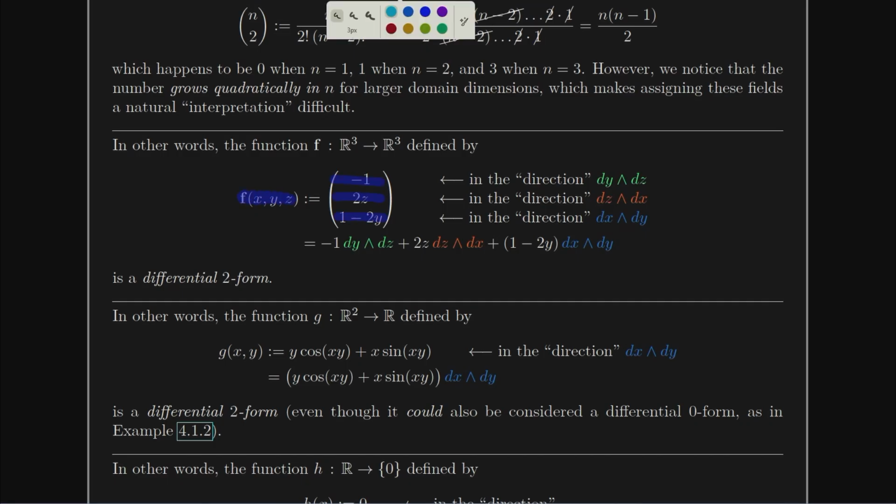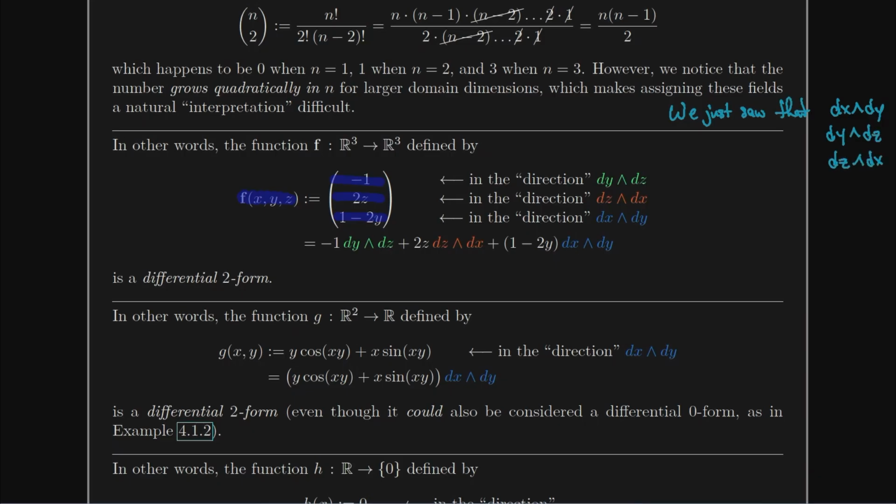Now why did I choose 3 outputs? Well, we just saw that dx wedge dy, dy wedge dz, and dz wedge dx were the only 3 directions you could possibly walk in this particular differential form space, the 2 forms subset of 3 dimensions. So they're a 3-dimensional space, which means I just need a 3-dimensional vector to represent these forms.